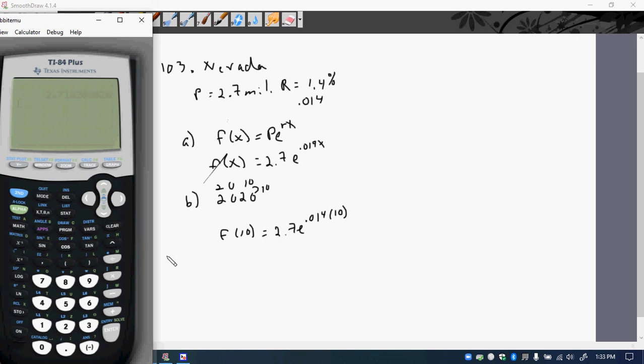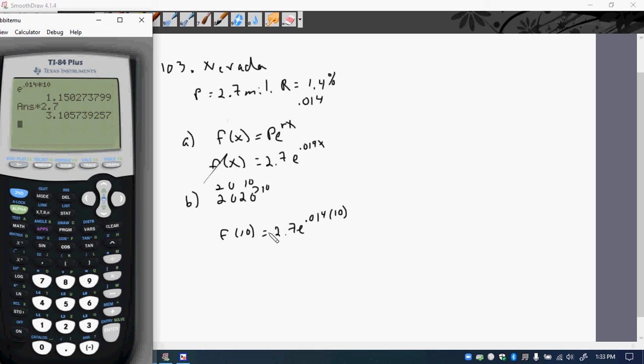I'm going to go to second E, and then I'm going to go to the power of 0.014, multiply that by 10, and hit enter. Now I'm going to multiply it by the 2.7, and so I get 3.1.